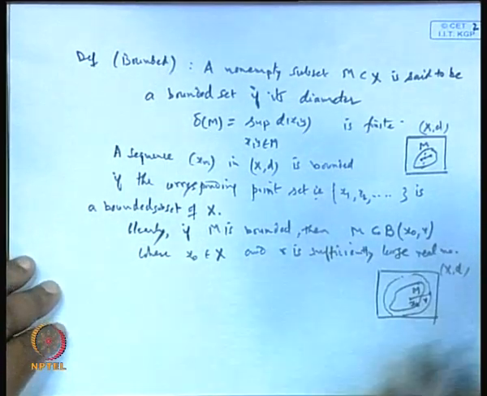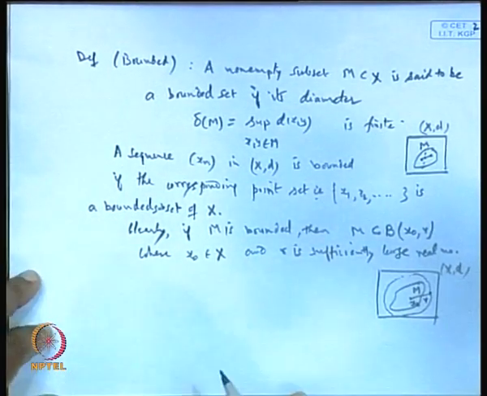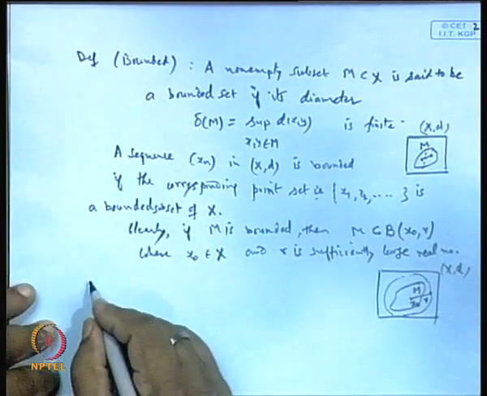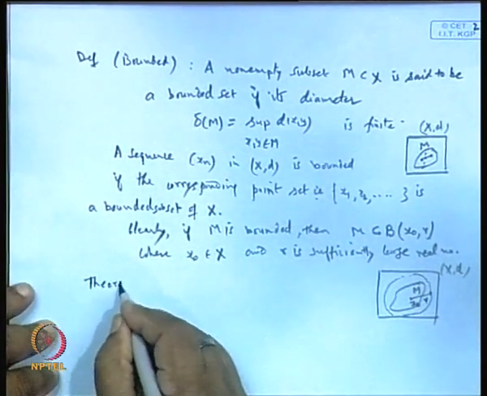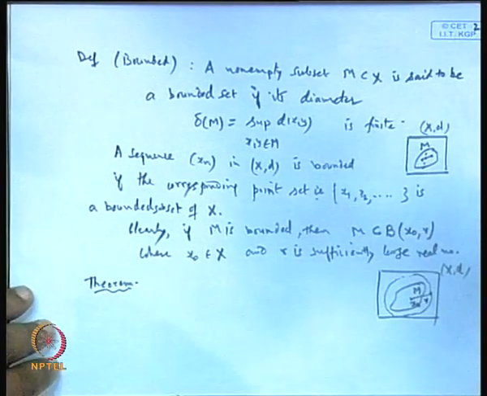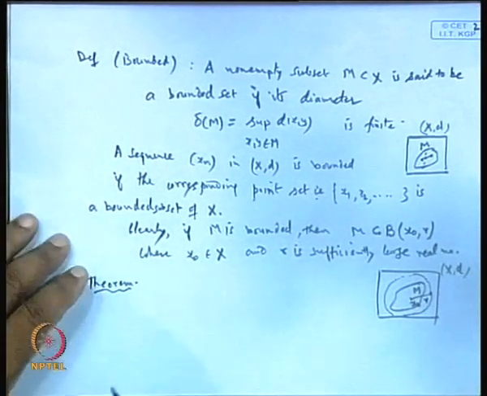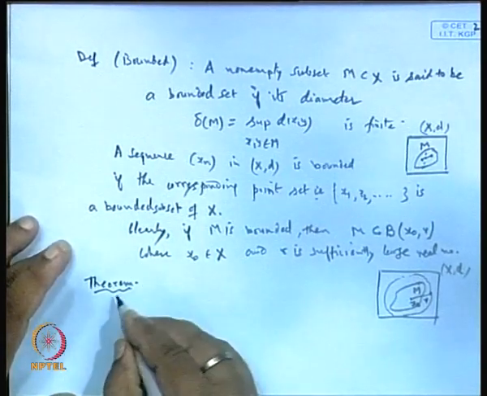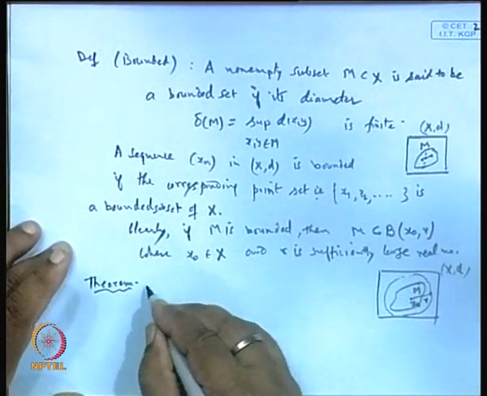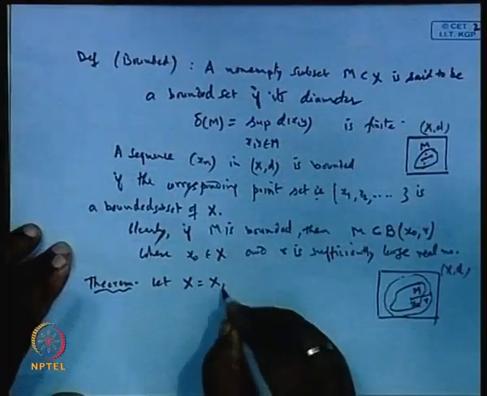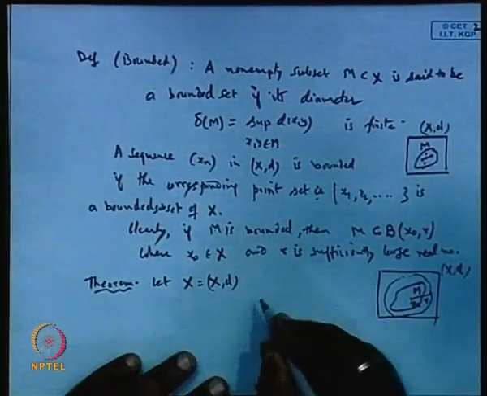Okay. So, there is a relation between convergent and bounded sequences. We go for some relation in the form of a theorem. Let X, which is a metric space (X, d), be a metric space.